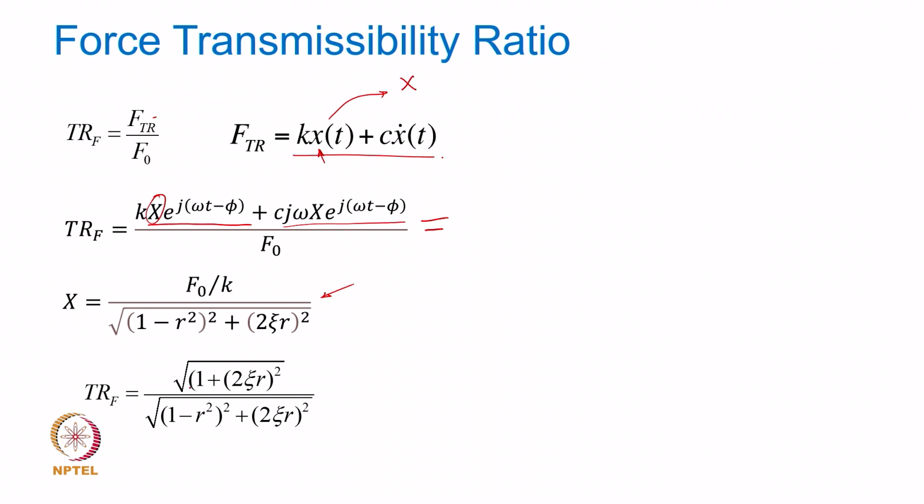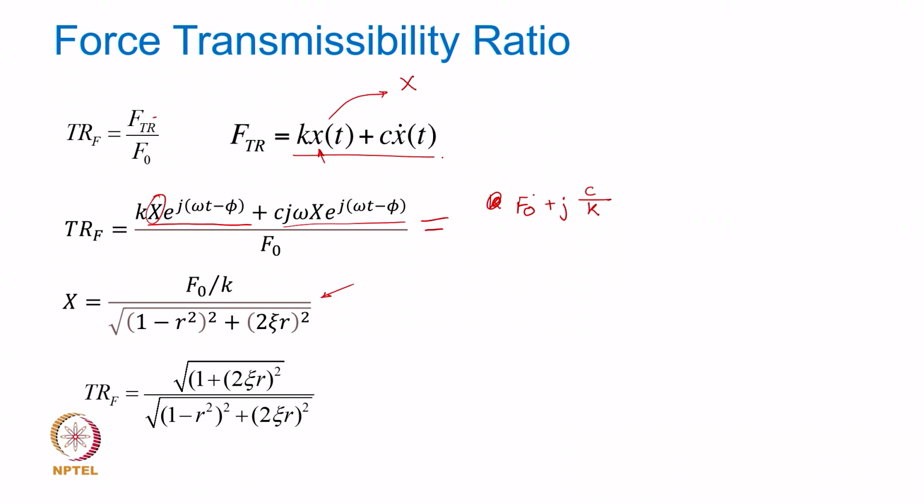We will end up getting the expression like this. So, basically what you will have to do here is write this as k. Sorry. When you replace this x with F naught by k, you will essentially get F naught, and e to the power j (omega t minus phi) will be common and can be taken out, and so you will have plus j c omega over k.